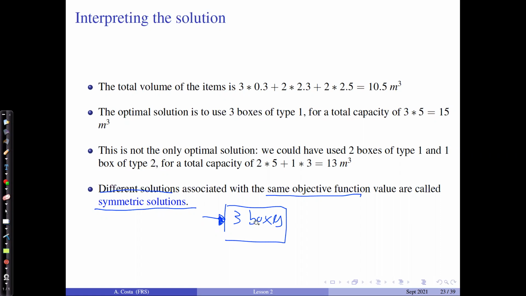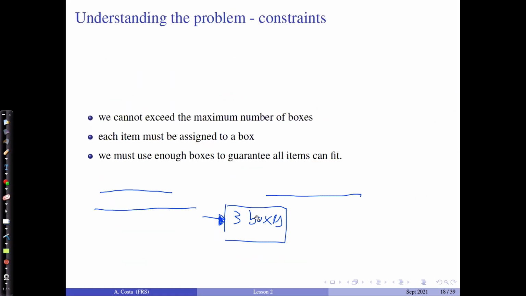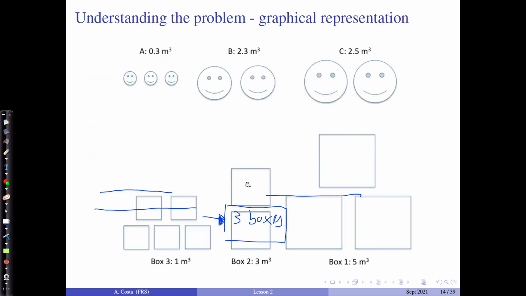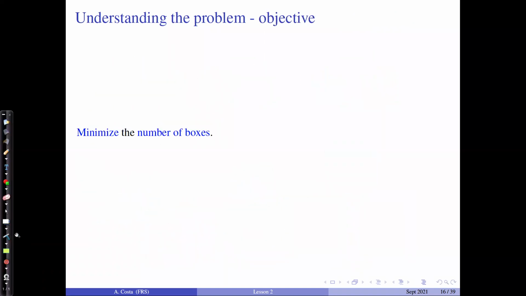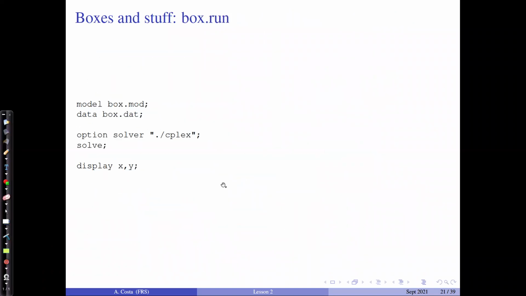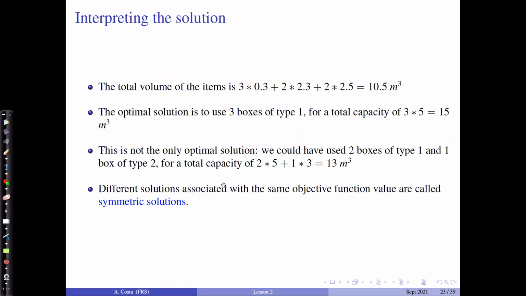Maybe you want to maximize the number of boxes of, I don't know, medium size. In this case, you already know that worst case, you will find the same solution as before. But if there is another solution where this can be used as well, you may find it. So don't think the solution you find is optimal and also unique. There may be different solutions giving you the same value, so just be aware of that.